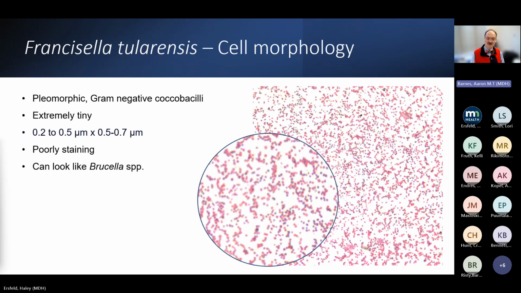So sometimes people confuse it for brucella when it is all gram-negative staining, that can also be true. That's one of the other reasons that I want to keep brucella testing in-house here, is that I'm worried that people are going to send stuff in for brucella testing, but it's actually going to be Francisella, because we sometimes see that. So very tiny cells, extremely tiny cells, funny morphology, stains funny. Next slide, please.